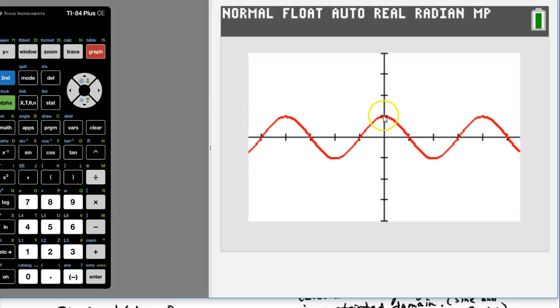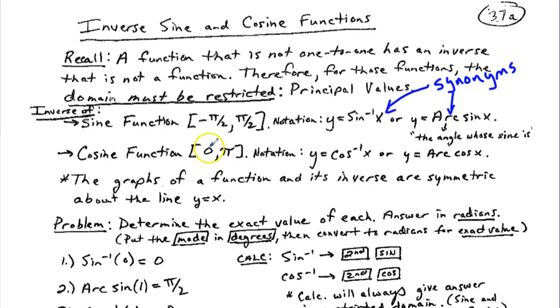So I'm going to go from 0 to pi. After pi, it starts not becoming one-to-one anymore. So we're going to restrict cosine from 0 to pi. Its notation is very similar: arc cosine, inverse cosine. And these graphs, as we saw, are symmetric about the line y equals x, as any inverse would be.